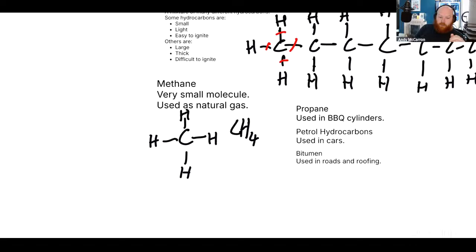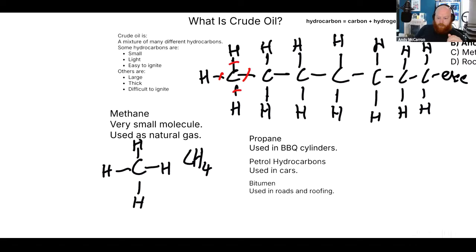Depending on the length of the chain of carbons, you're going to have either a very flammable substance that's short, small chains, or a really long substance that is thick, tar-like, and a lot harder to ignite.